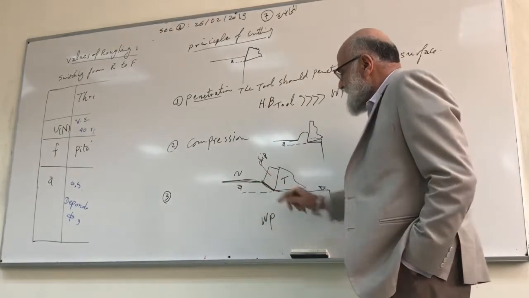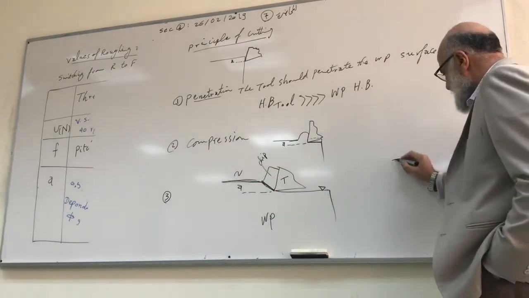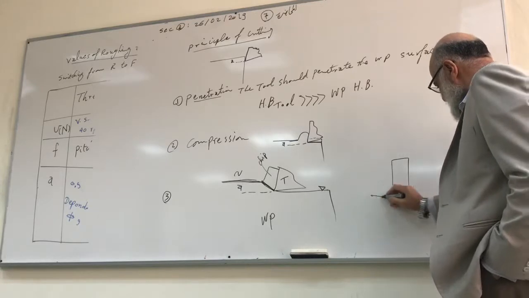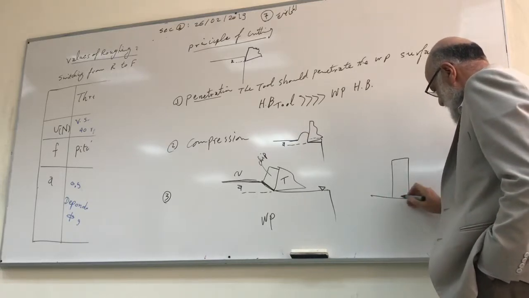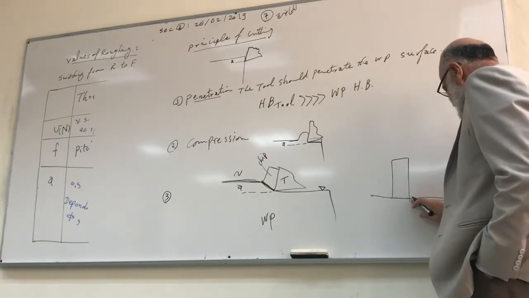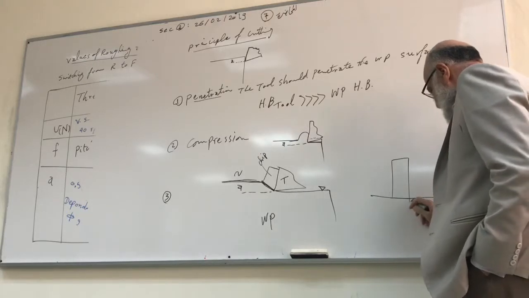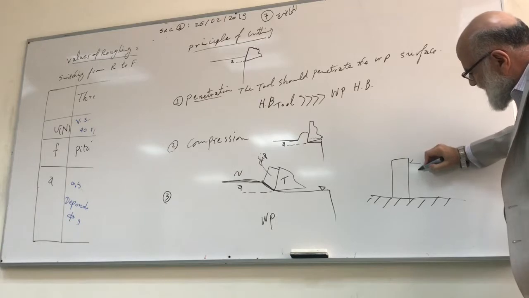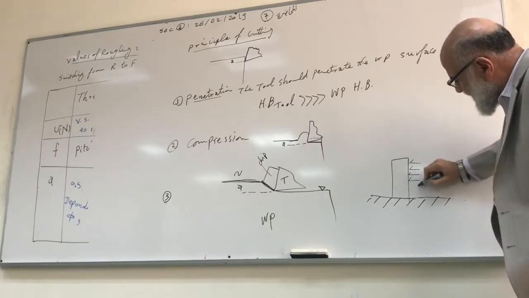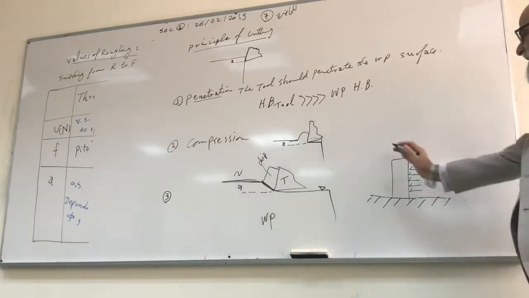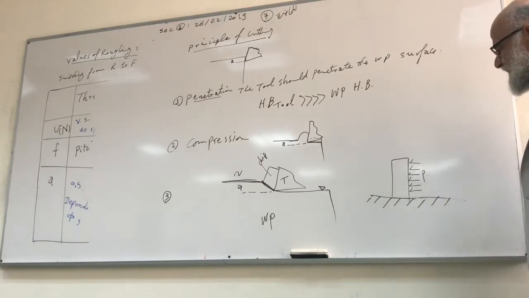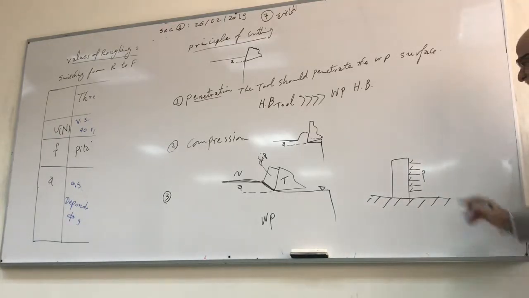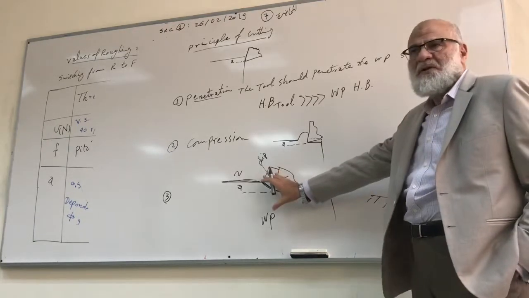This chip is very similar to a cantilever that is totally fixed to the workpiece, fixed on this surface, and is pushed in this direction at a certain value of pressure.